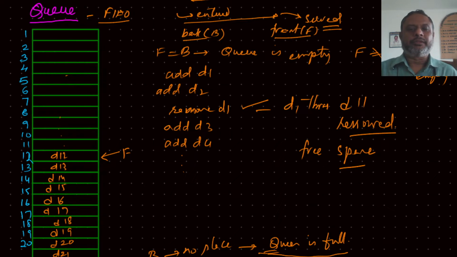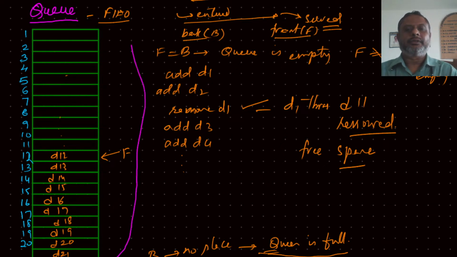Yes, of course, some way we need to make sure that once the back end of the queue comes to the end of the memory allotted for the queue, it is possible to somehow automatically get back to the first location. So if it is done so, then after the 20th data, you get the 21st data. After that, you get the 22nd data.